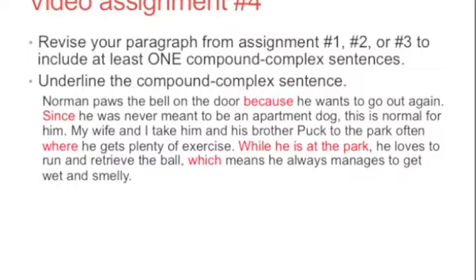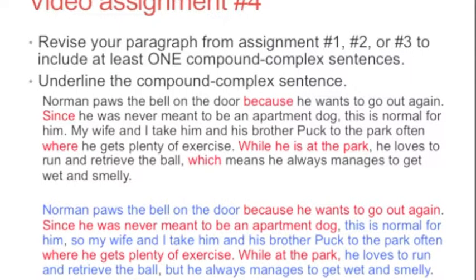Okay, so here is the new, improved, gripping, revised paragraph, including a smattering of compound complex sentences. And what I've done here, I've included a patriotic color coding scheme for you, so that you can track this a little more easily. So in blue are the independent clauses, and in red are the dependent clauses.